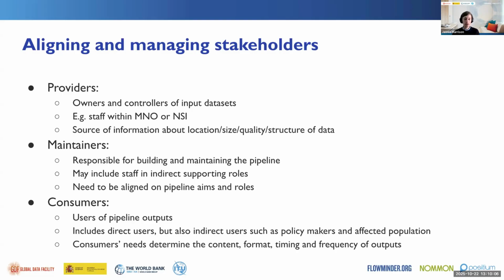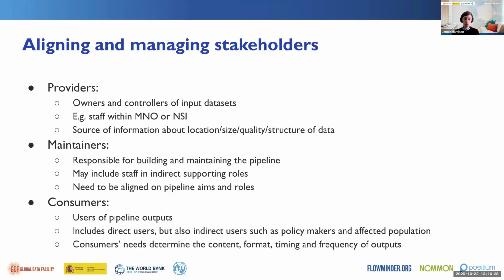But important to note that as well as just those directly responsible for implementing the pipeline and keeping it running, this could also include staff that are in indirect supporting roles. So this is, for example, whoever is responsible for maintaining the hardware infrastructure that a pipeline is running on.